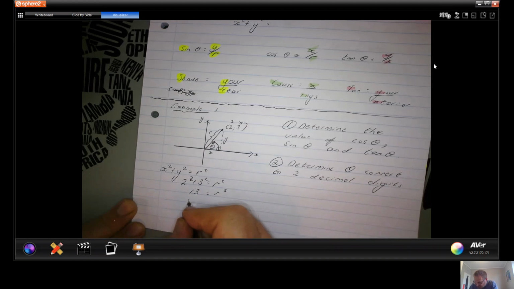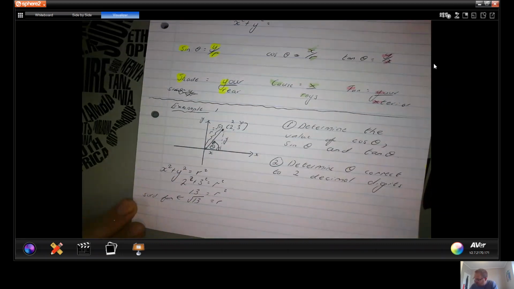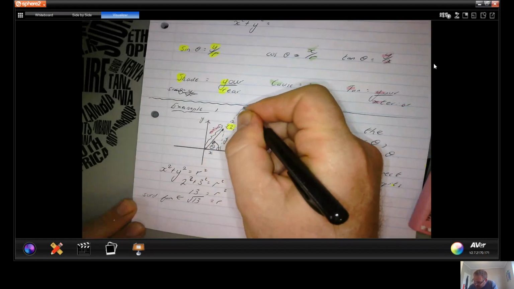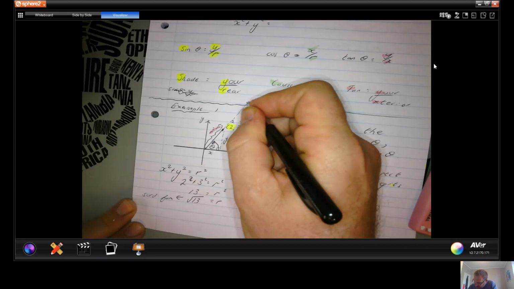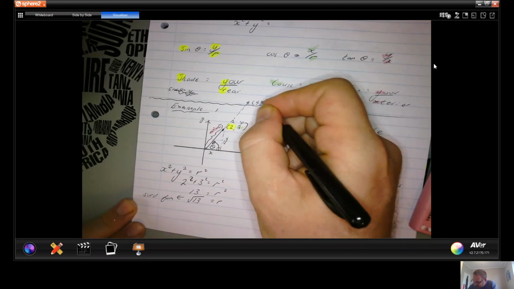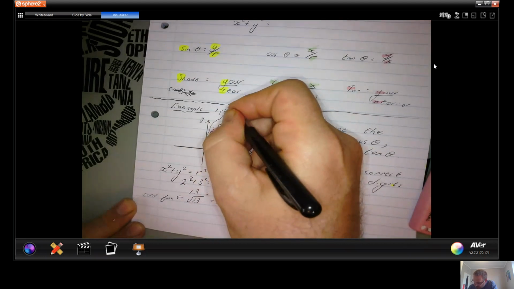So r is the square root of 13, which we leave in surd form in trig. So the x coordinate is 2, the y coordinate is 3, and the radius is root 13. Now remember, if you double this distance, your new x coordinate would be 4, your y coordinate would be 6, timesing by 2, and your new radius would be 2 root 13.